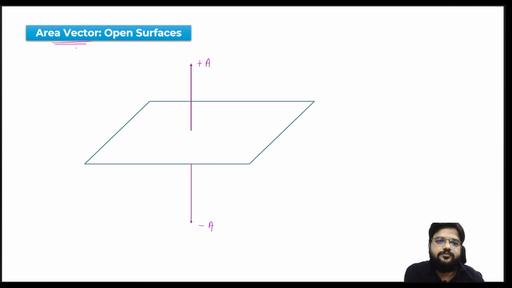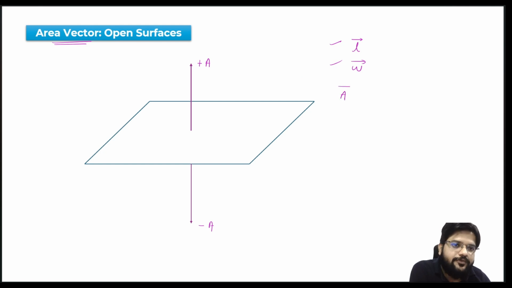And for the open surface, how can we find the direction of the area vector? Suppose in the question the direction of length and the direction of width are both given in vector form, and we want the area vector. What we can do is take the cross product between length and width.